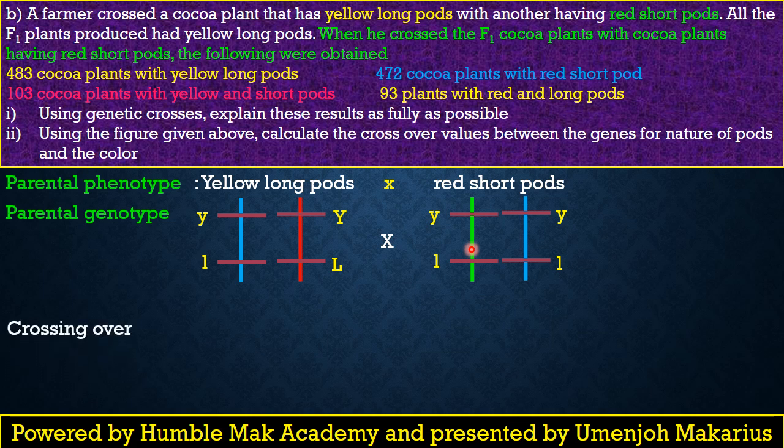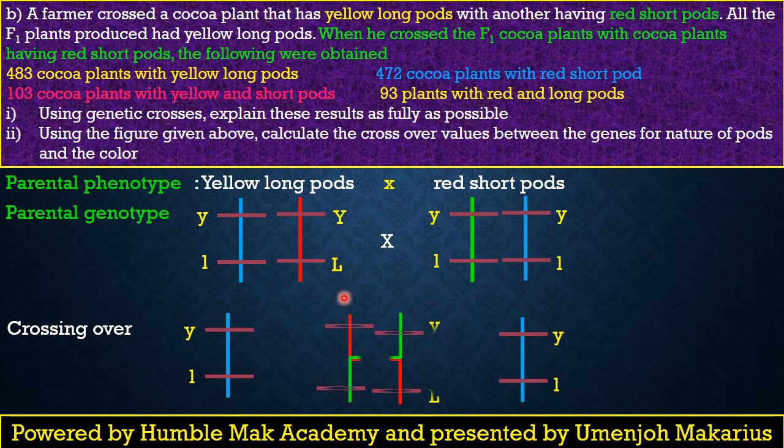During crossing over, we are going to see this gene remains the same. This other also remains the same. This one also remains the same. Then these two now are going to have the crossing over happening. So this one is going to bend in this way, and this one also bends, such that this is what is going to be happening. This is the crossing over happening.